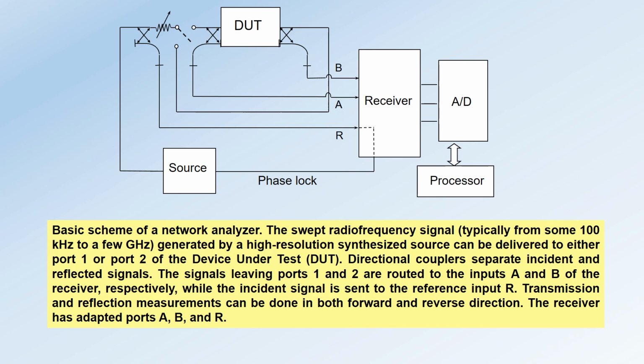Directional couplers separate incident and reflected signals. The signals leaving ports 1 and 2 are routed to the inputs A and B of the receiver respectively, while the incident signal is sent to the reference input R. Transmission and reflection measurements can be done in both forward and reverse direction. The receiver has adapted ports A, B and R.